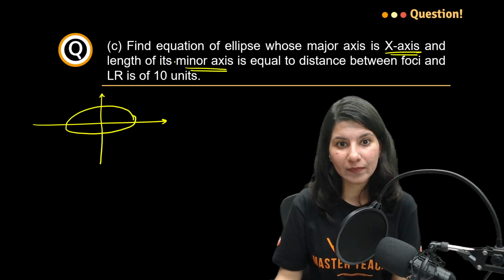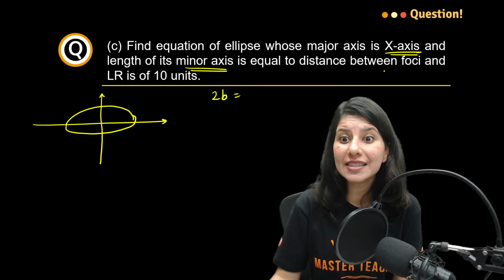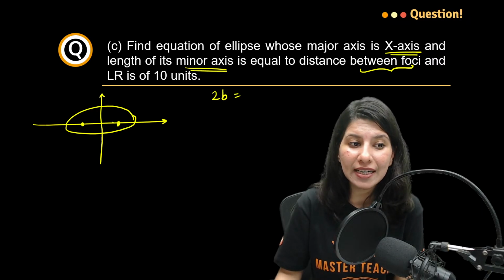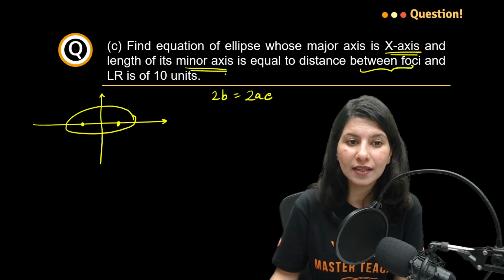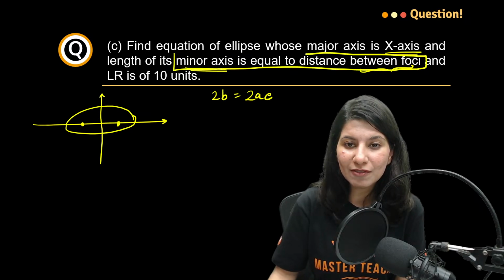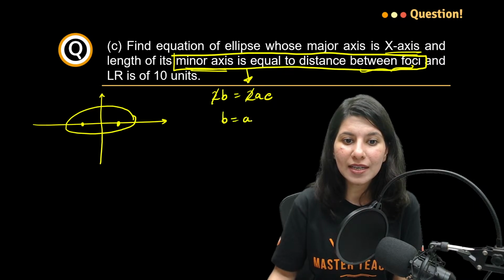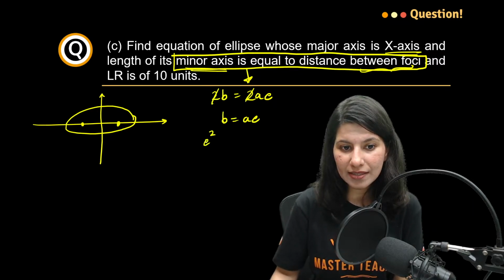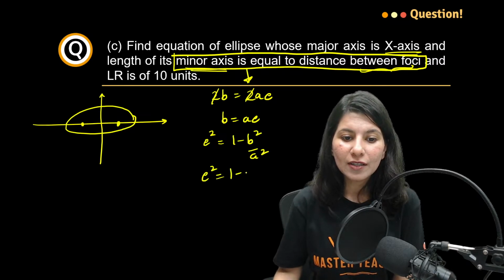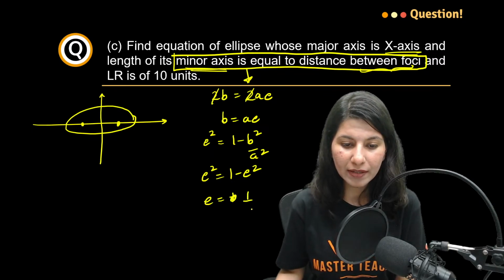So length of minor axis 2B is equal to the distance between foci, which is 2AE. Again we are getting the same thing, repeat telecast. B is coming out as AE, and E square is 1 minus B square by A square. If you solve it, you will get E as 1 by root 2.